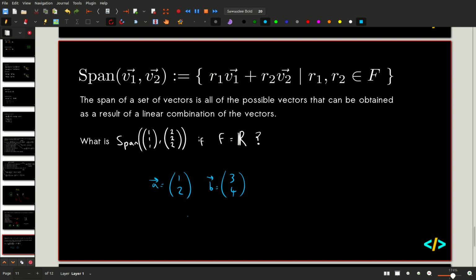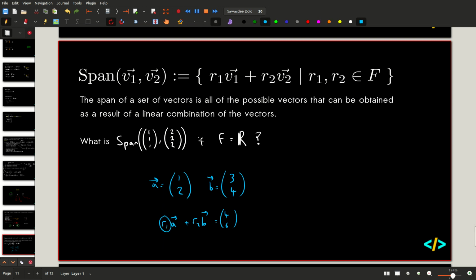Four, 6. Okay. Yeah, so we can obtain (4, 6) by just saying 1a plus 1b. And so these would be our two scalars. This would be our R1 and this would be our R2 on this definition here. So anything where we have these two constants would be a linear combination of these two vectors.